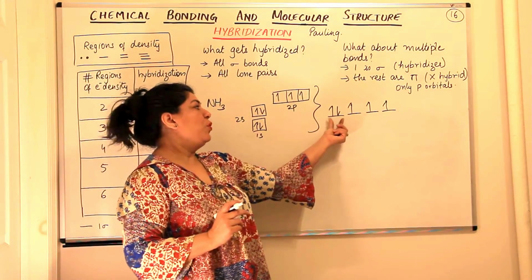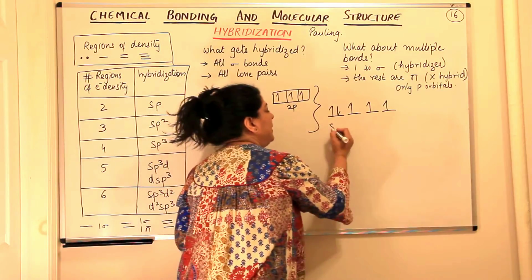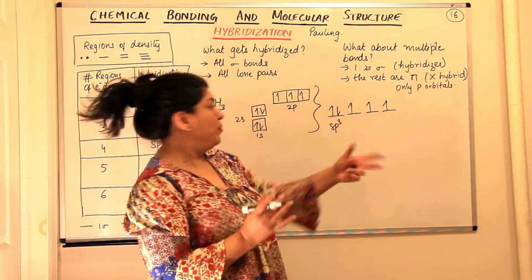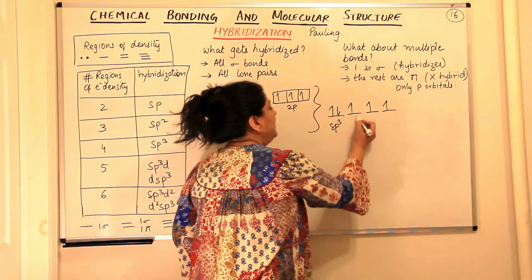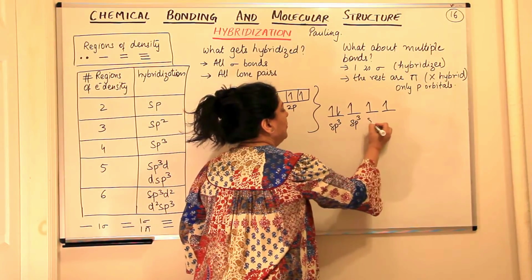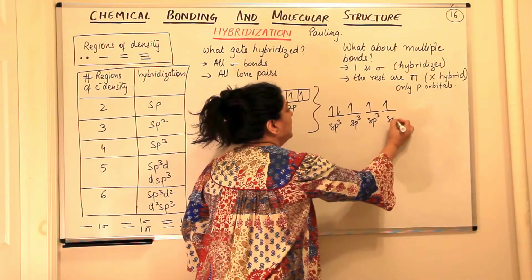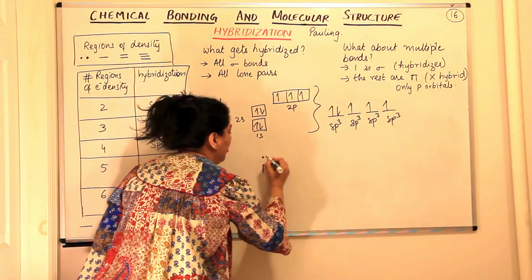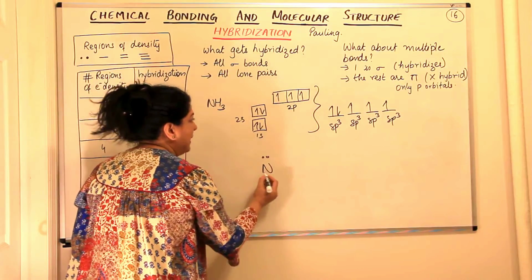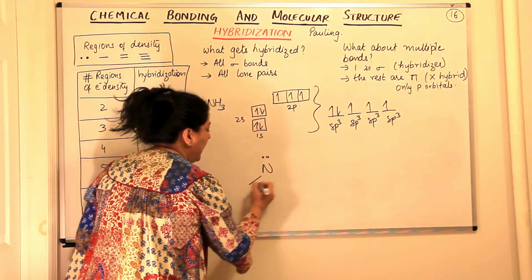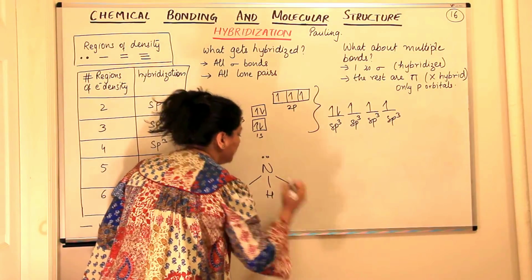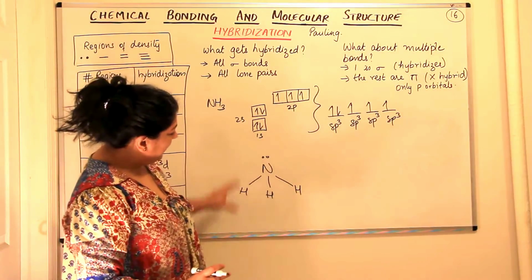So this lone pair is an sp3 hybrid orbital, which does not form a bond, it remains as such, and the 3 sp3 hybrid orbitals would participate in the bonding. So ammonia would have 1 lone pair here, and now I'll just make lines instead of drawing the structure, and the 3 hydrogens would combine like this, resulting in the formation of a tetrahedral structure.